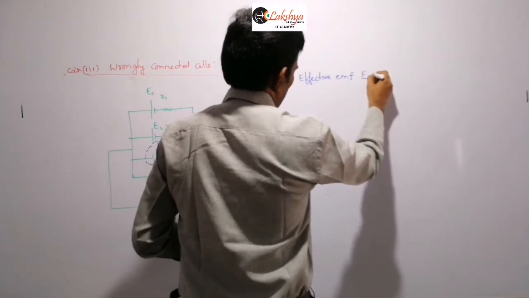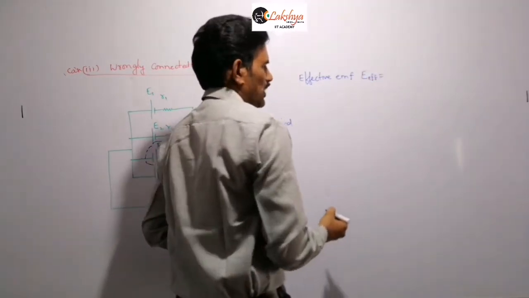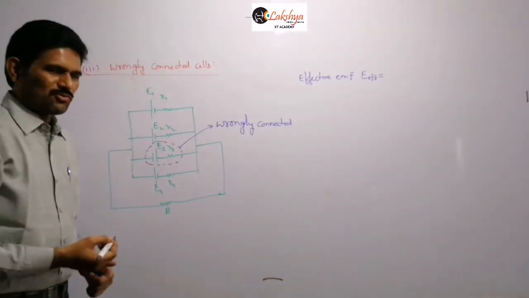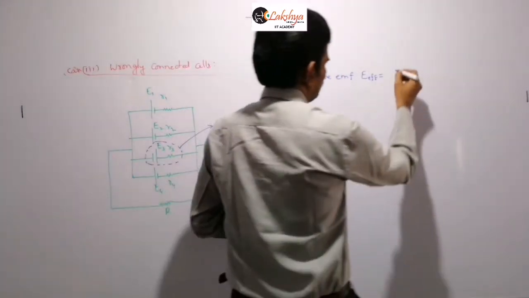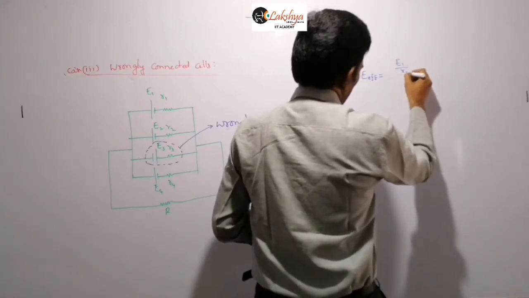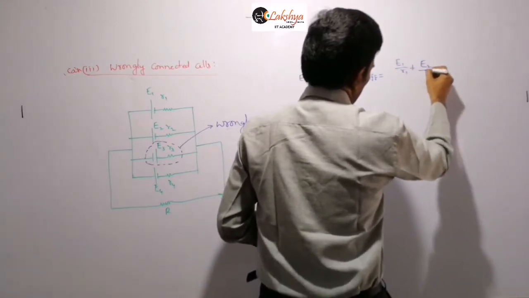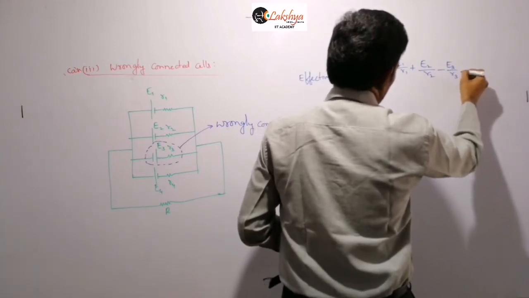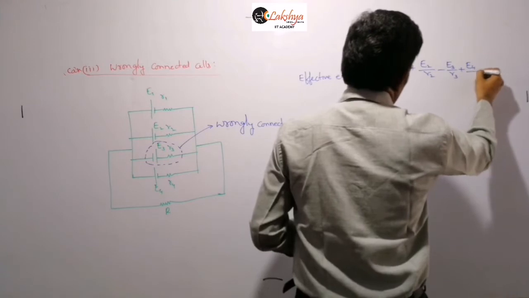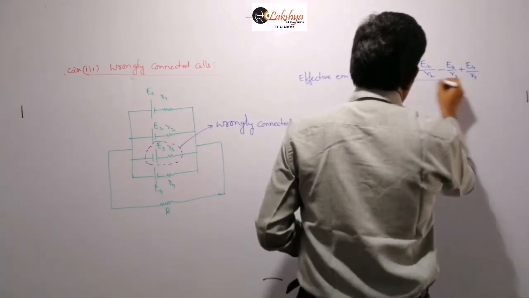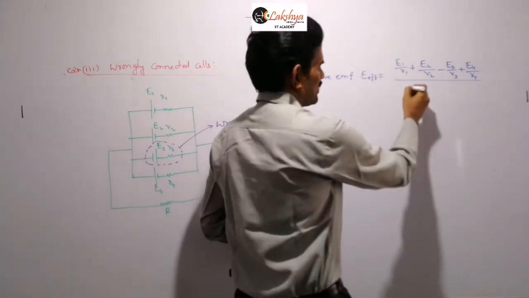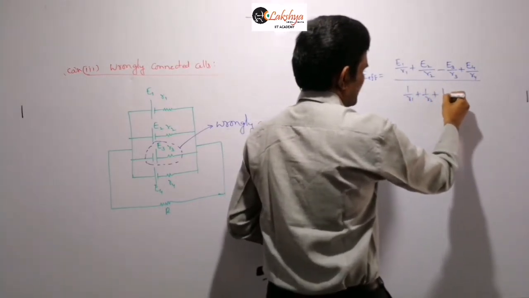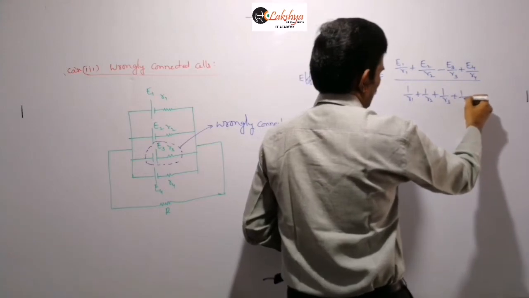E effective is equal to, our general formula is sigma E by R over sigma 1 by R. But here it is E1 by R1 plus E2 by R2 minus E3 by R3 plus E4 by R4, over 1 by R1 plus 1 by R2 plus 1 by R3 plus 1 by R4.